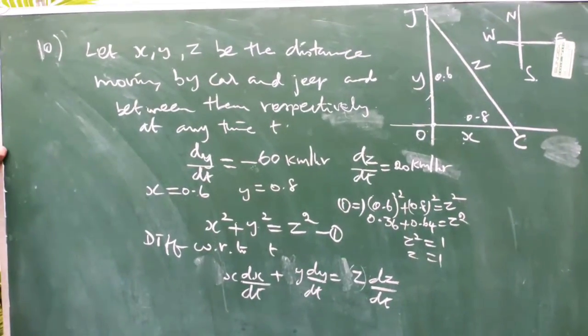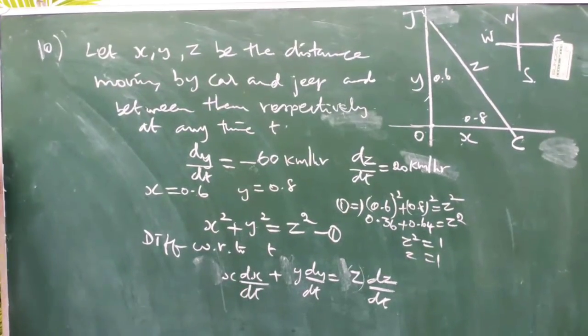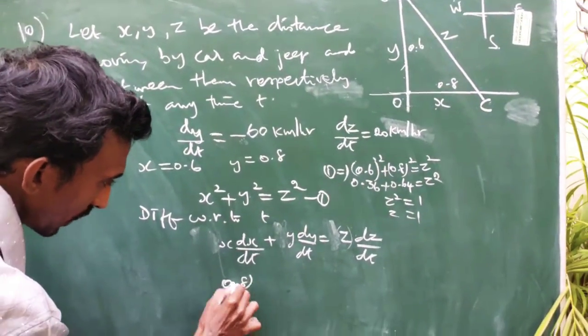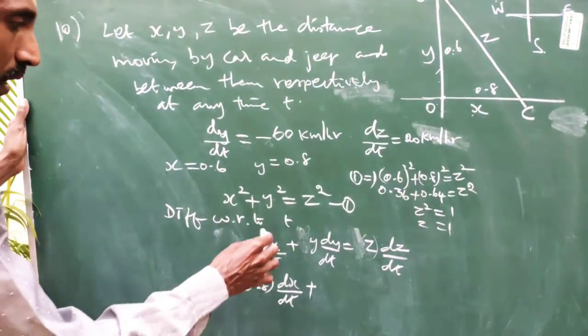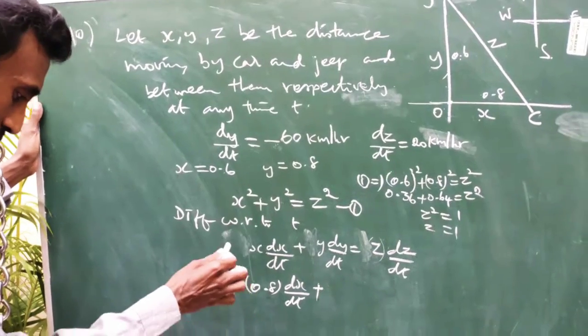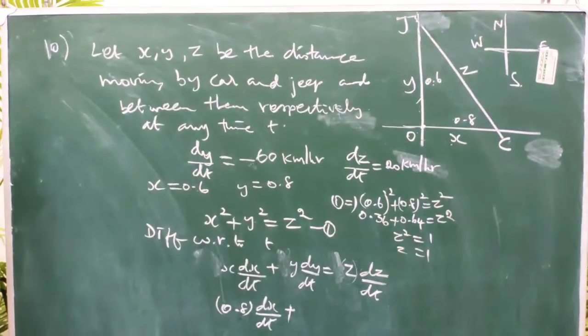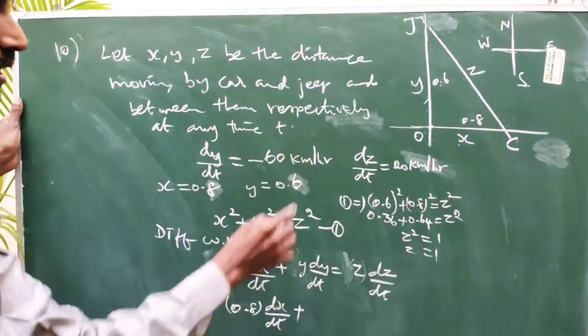We need only dx by dt. So put the known values. x value is 0.8, y value is 0.6. Look at the diagram.